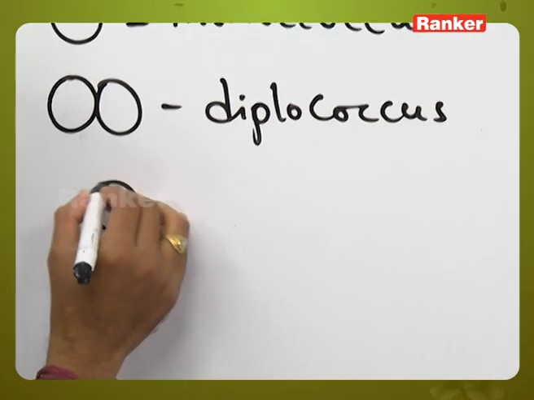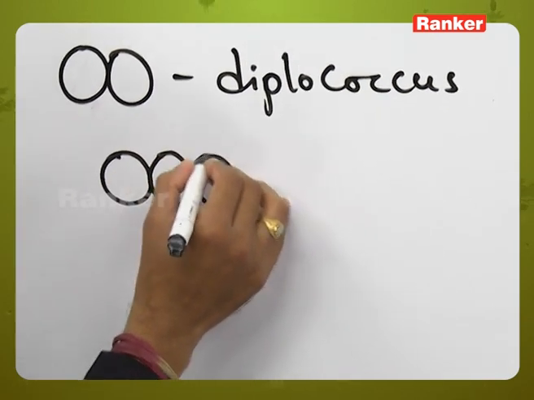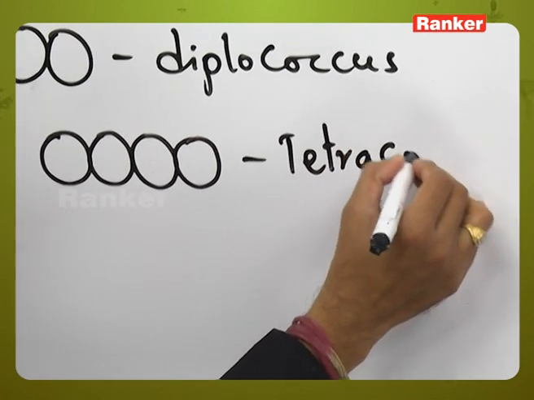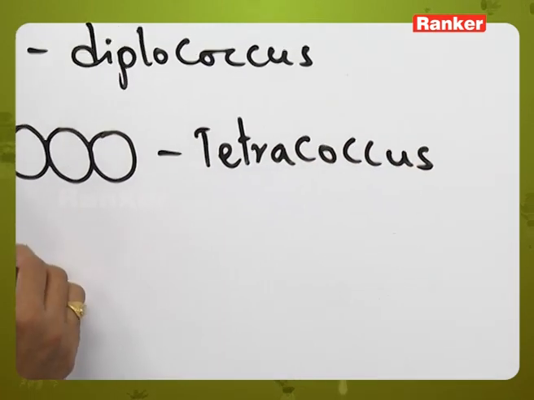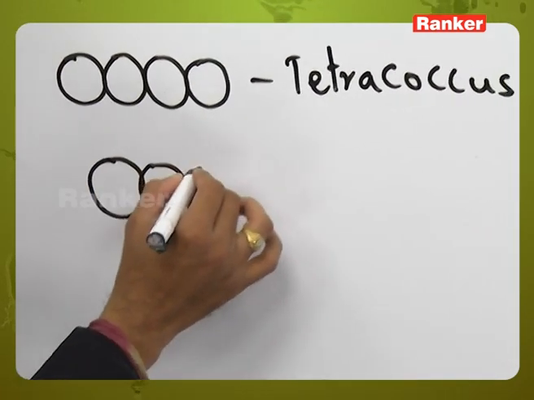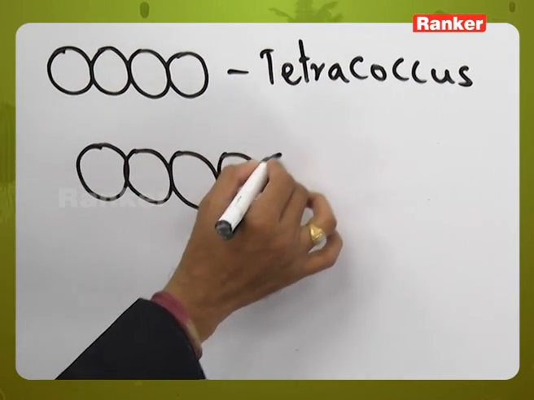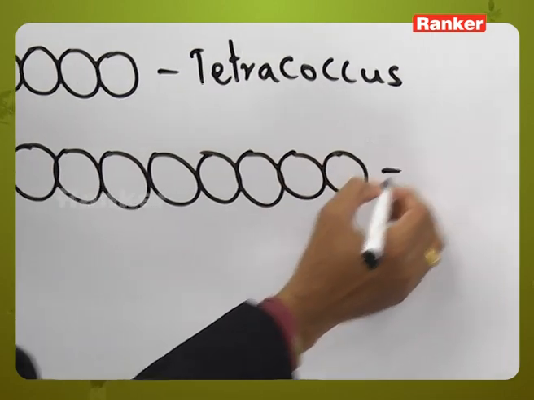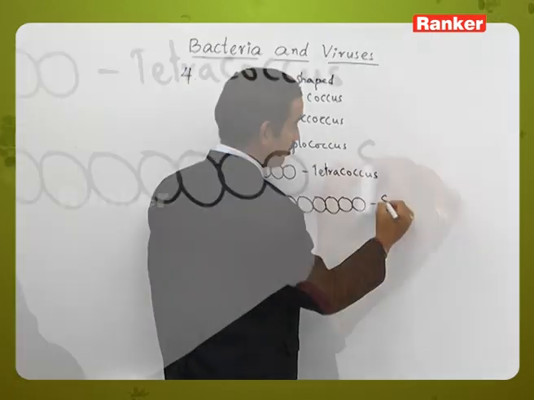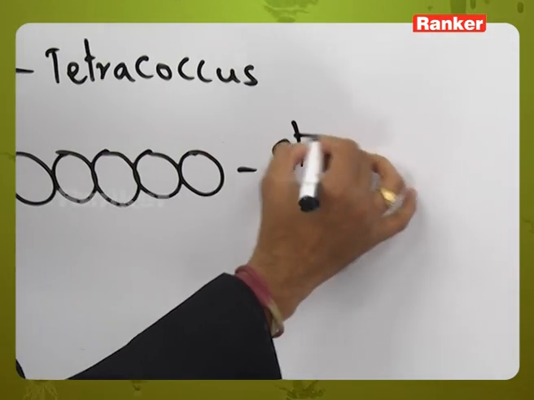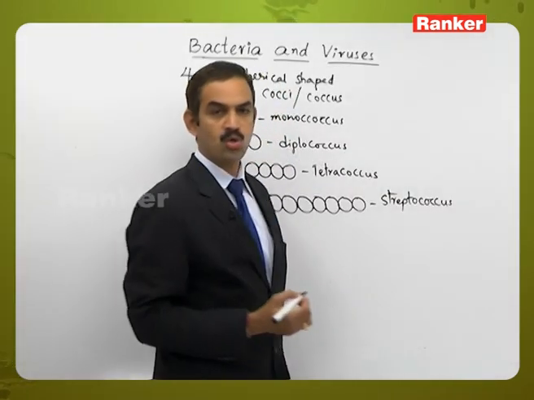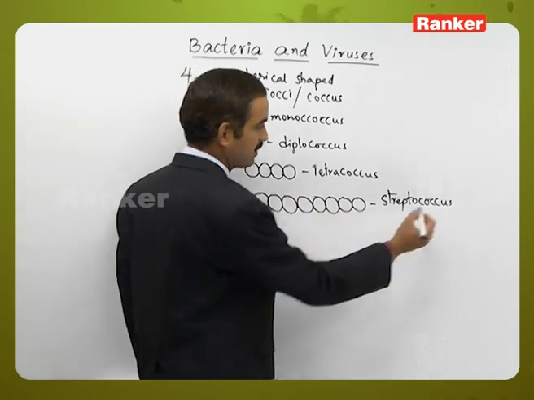If 4 are there in the form of a chain-like structure, we call it tetracoccus, and a chain with many such spherical bacteria is called streptococcus. Streptococci in the plural.